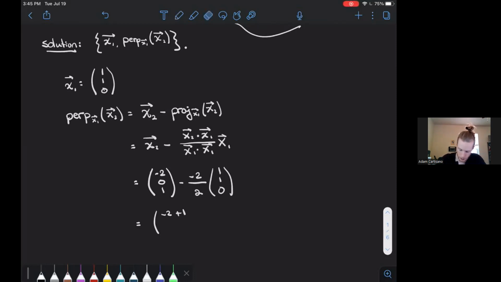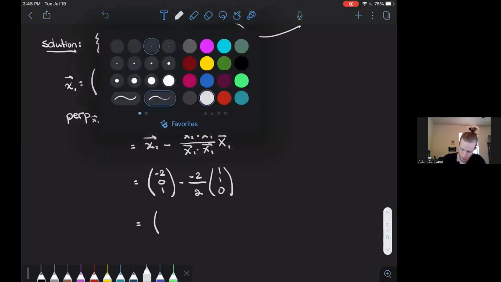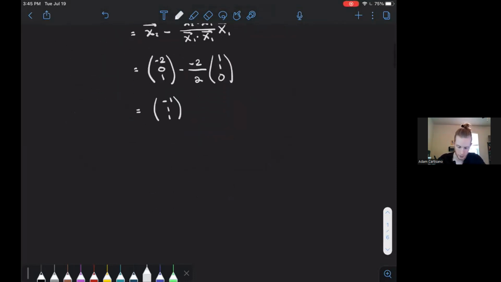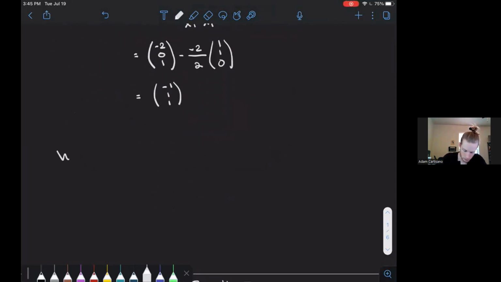Actually, we could just write it: it's just going to be x1 plus x2, so (-1, 1, 1). And so our basis for W is (1, 1, 0), or x1, and (-1, 1, 1).